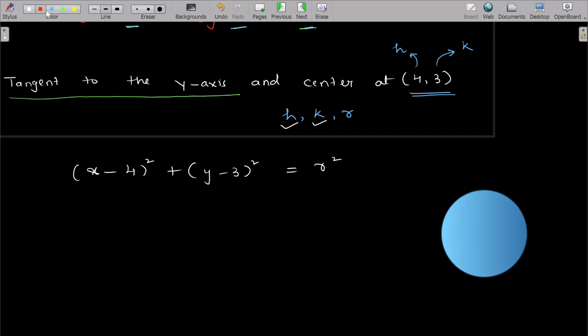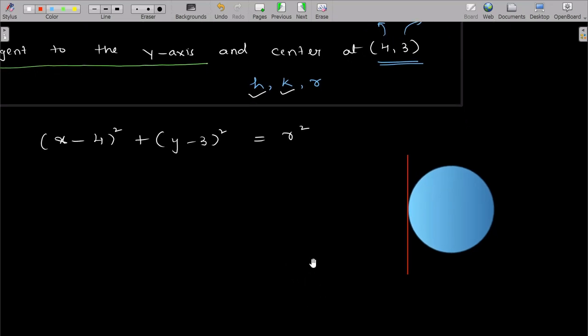Okay, it is touching the circle. So this should be the y-axis, right? Because the y-axis is touching the circle. And we will try to draw the x-axis as well.